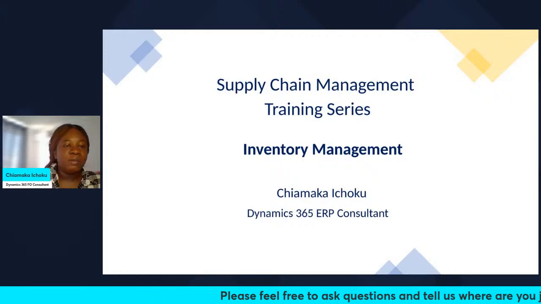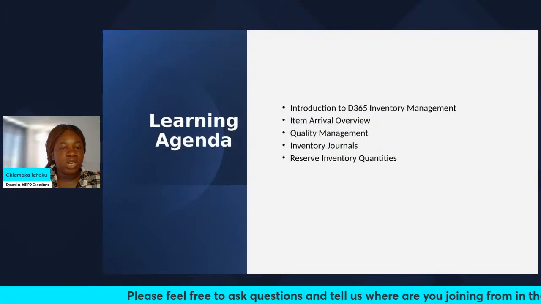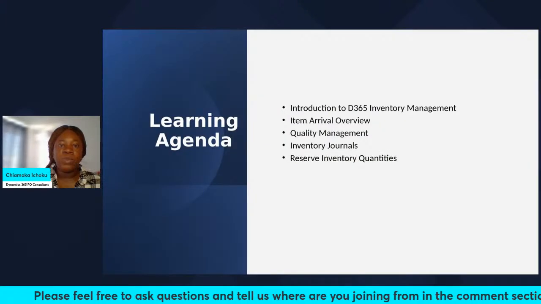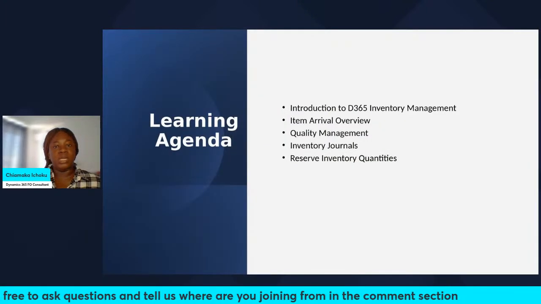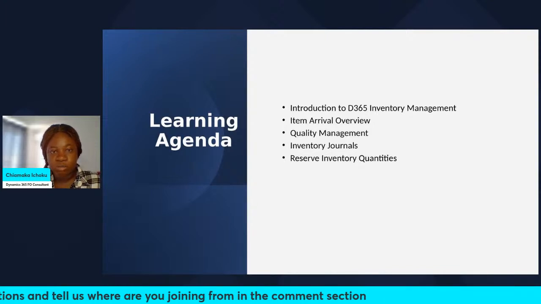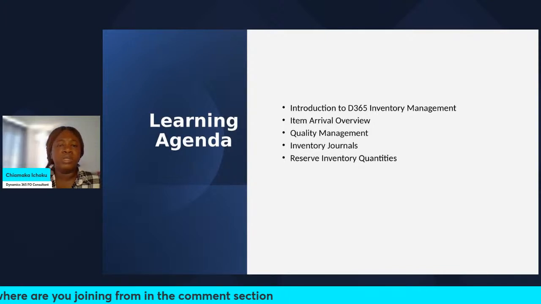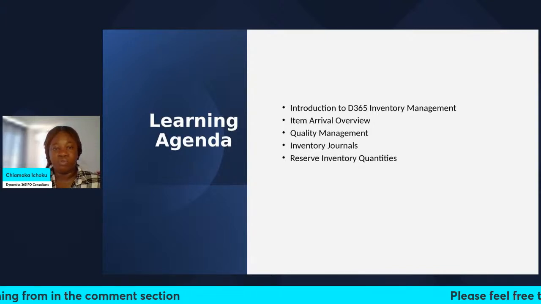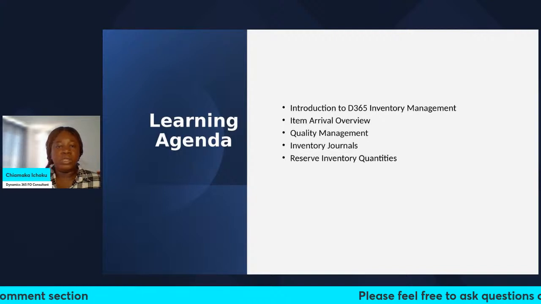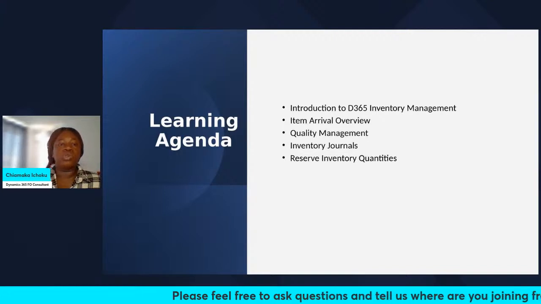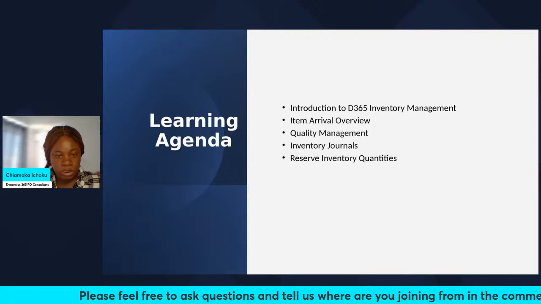Awesome, good. So this is going to be our agenda for today. We'll be looking at an introduction to Dynamics 365 inventory management. We'll also be looking at the item arrival overview. We'll be considering quality management, inventory journals, and also the reservation of inventory quantities.